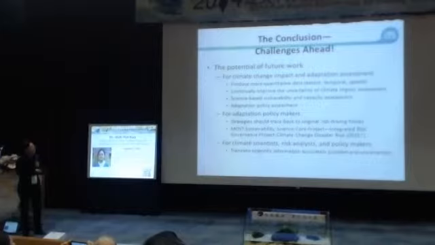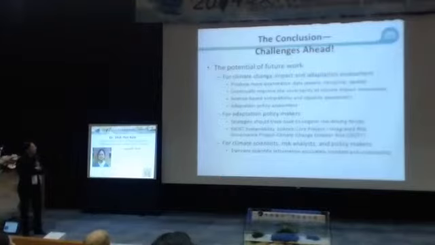And of course, there are many things we can do in the future. For climate change impact adaptation assessment, we can produce more quantitative data. We also need to continue to improve the uncertainty of those assessments with more models in dynamic downscaling.